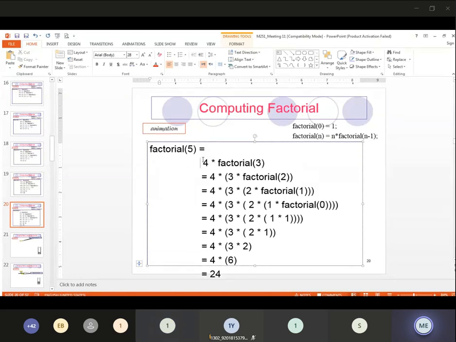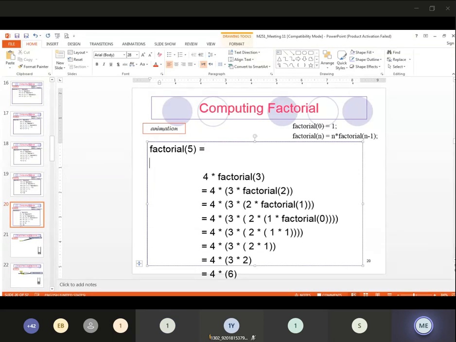It will be 5 multiply factorial 4. صح? Then factorial 4, it will be 4 multiply factorial 3 and so on.